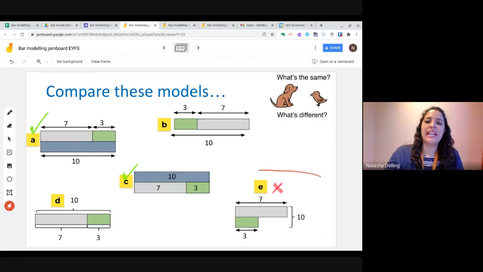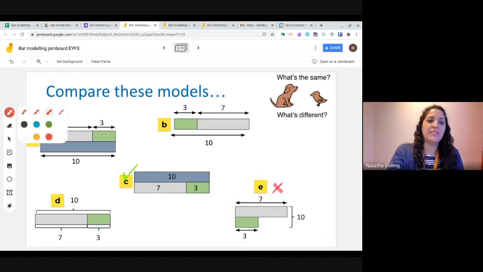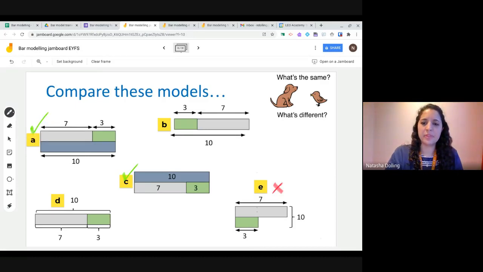Now, E is a really interesting bar model because while I agree that 7 add 3 equals 10, and that's a fact that we wouldn't disagree with, this bar model is actually not highlighting that 7 add 3 equals 10. This bar model is actually showing the difference between 7 and 3. So it's actually showing 7 take away 3 equals 4.